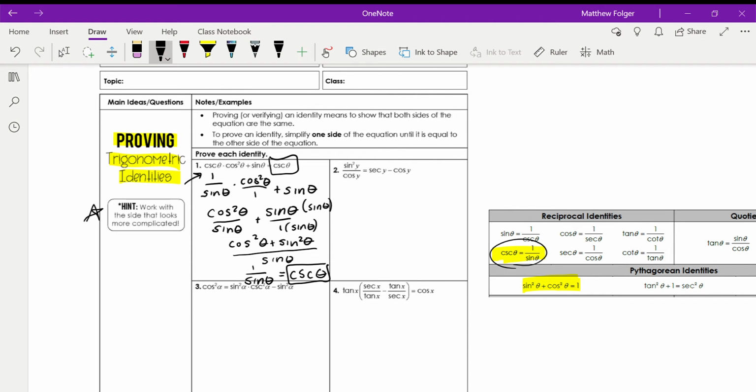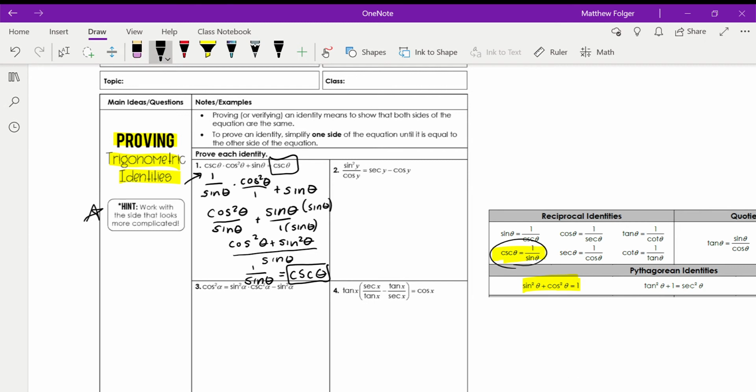If we were in class, I would let you guys pick and walk through at this point, because they're both the same level of complicated. For the sake of this video, let's simplify the left side. So let's simplify this side over here. So the first step is going to be, actually, you know what? Let's simplify the right side, because I feel like that's going to be a little bit more straightforward now that I think about it.